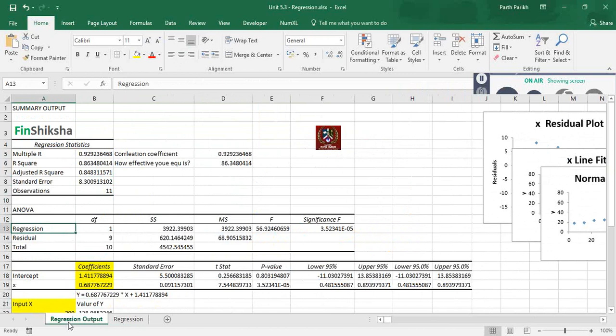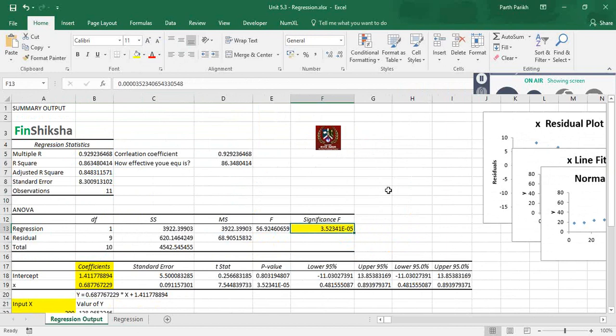It has only one thing which is meaningful at this point in time. Obviously, analysis of variance will have multiple things. Basically, it analyzes the variance part, or the standard deviation part, of the regression. We only have to see what is called significance F over here.